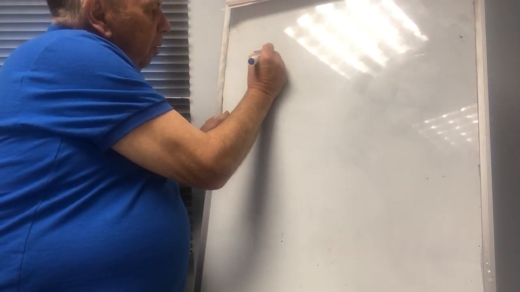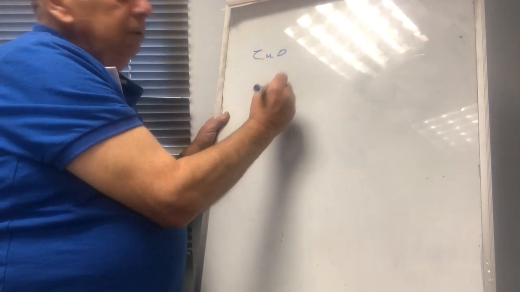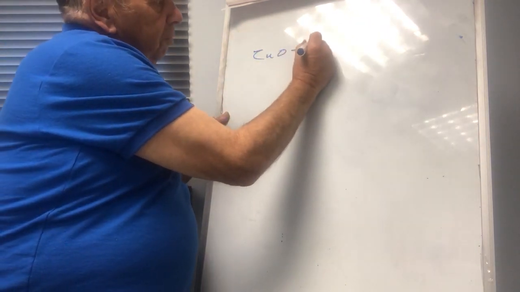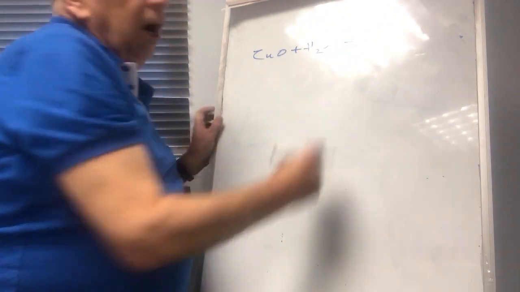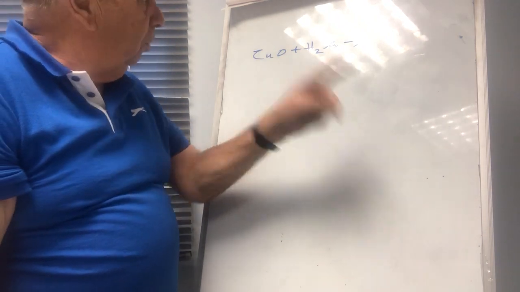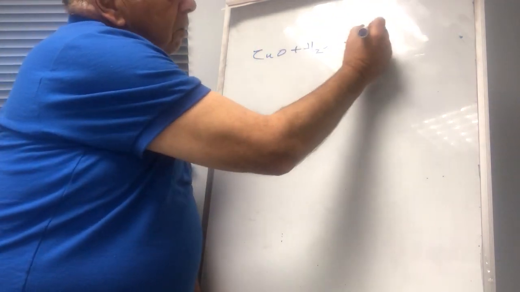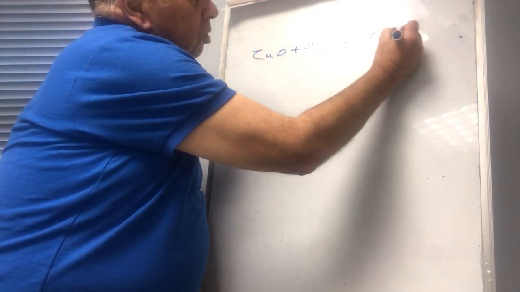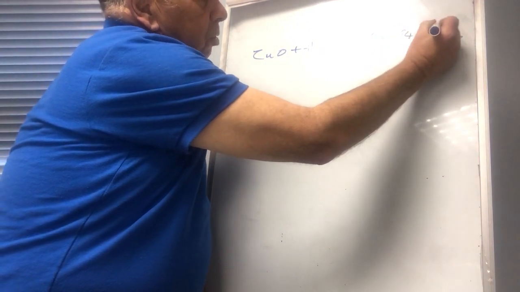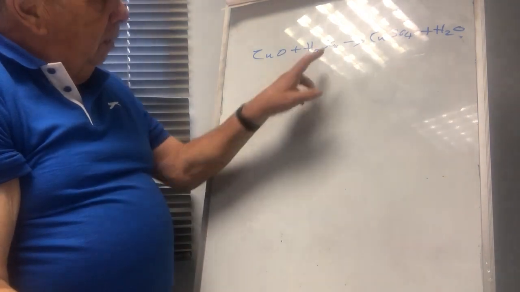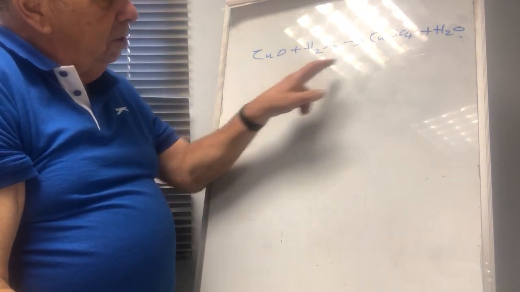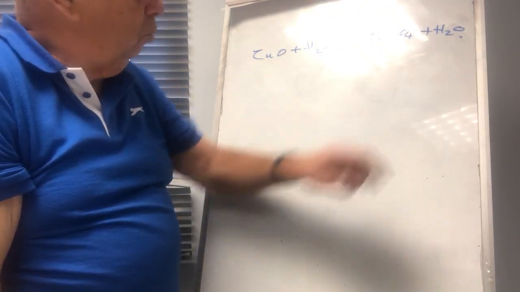Here is copper oxide reacting with sulfuric acid, H2SO4. I know it's going to give me a salt plus water, and the salt is copper sulfate plus water. Acid plus base gives me salt plus water.